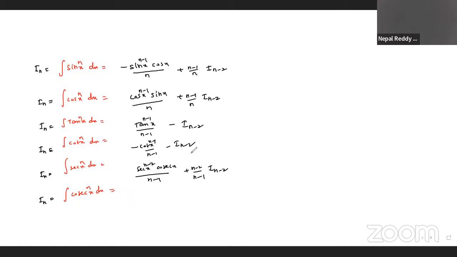Next, cosecant: minus cosecant x power n minus 2 into secant x divided by n minus 1 plus n minus 2 by n minus 1 into I of n minus 2. These are the reduction formulae for trigonometric functions.